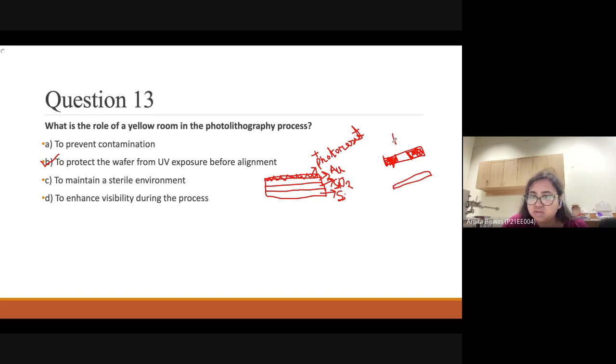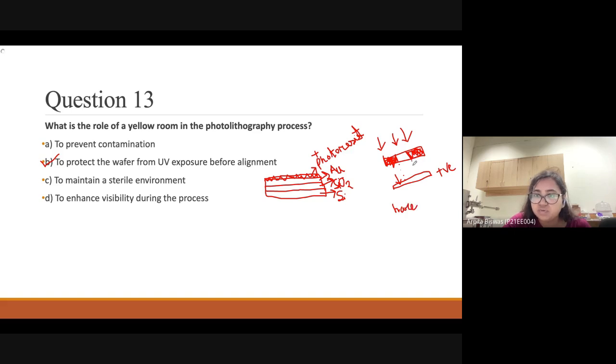The UV ray is there, and this is positive photoresist. The covered portion will harden, and the exposed portion becomes softer.